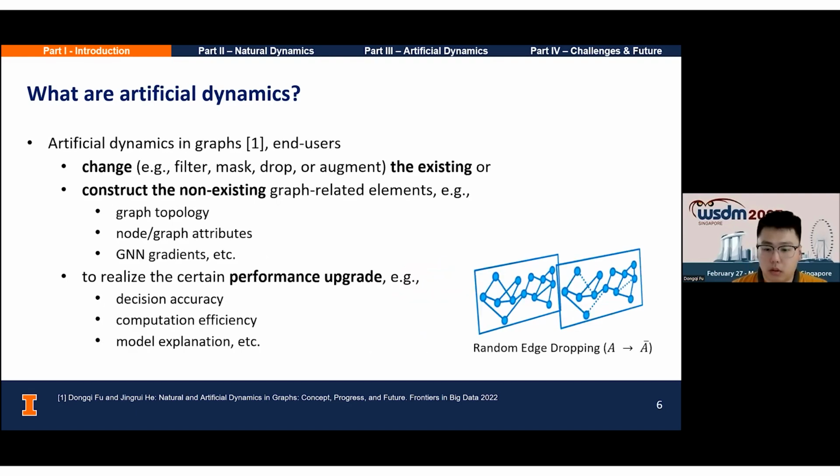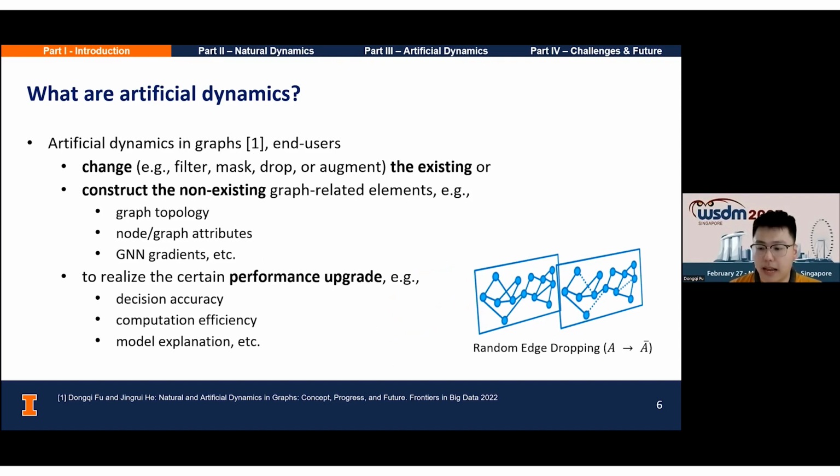Then, after we introduce the natural dynamics, let's look at what artificial dynamics in graphs are. Artificial dynamics means that the end users can change, for example, filter, mask, drop, or augment the existing, or construct the non-existing graph-related elements.